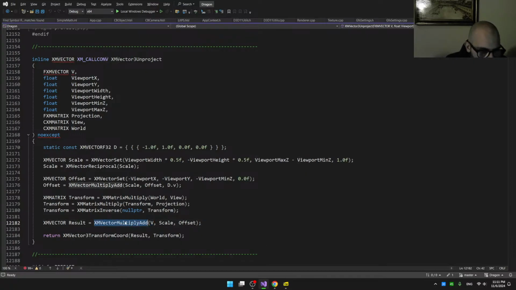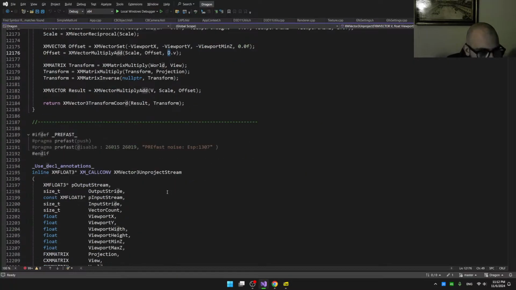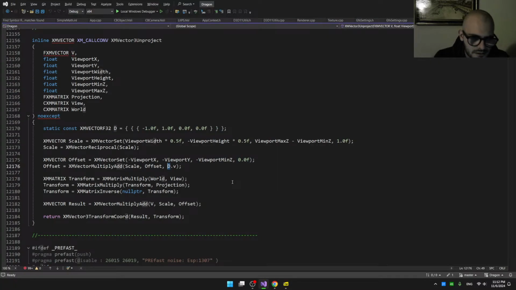Oh, we take the point, this times this times the offset, this times this plus the offset. Oh, D is this, it's the constants.